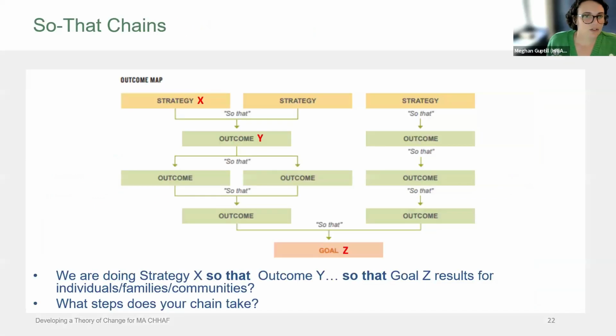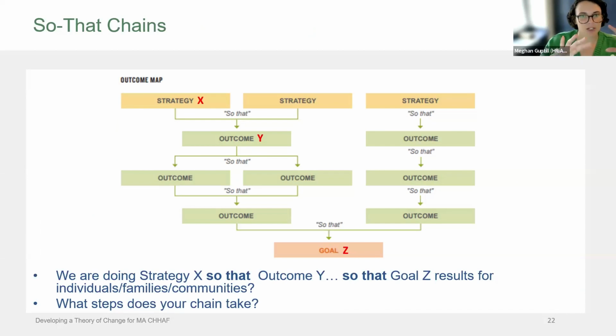Another way to think about strategies is as chains. So answering the question of, we're doing this so that this happens, so that that happens. You can see here on this map, for example, this program might be doing strategy X so that outcome Y happens.